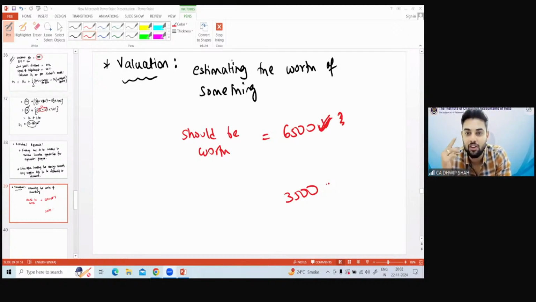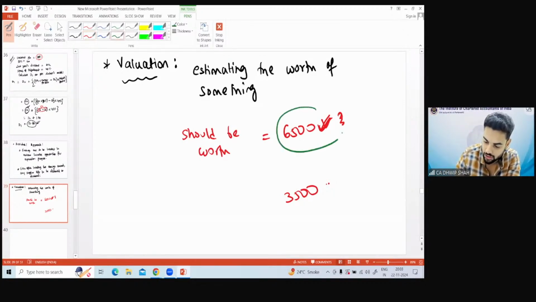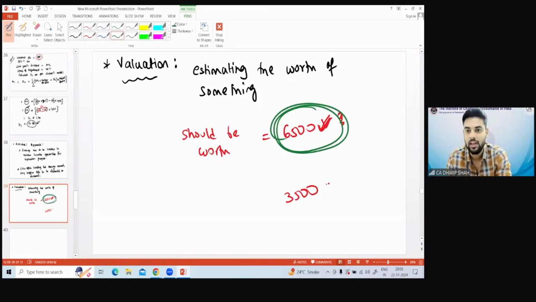Why do we need to find the value of something? To decide whether to buy or not. The objective of valuation is what? To decide whether to buy or not. So valuation is estimating the worth. In our example, it is estimating the worth of the shoes according to you. And why are we estimating that worth? So that we can compare it with the actual market price and decide whether to buy or not.